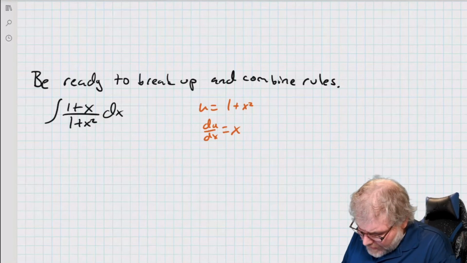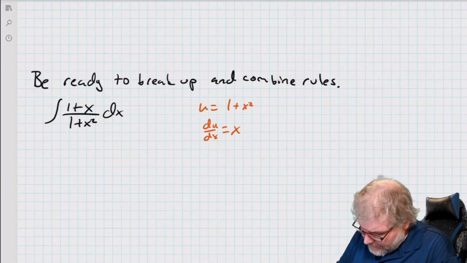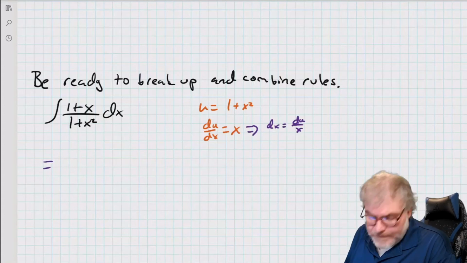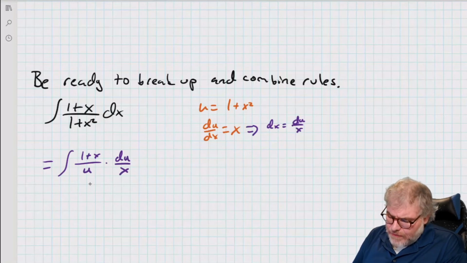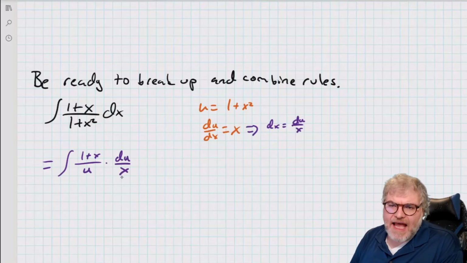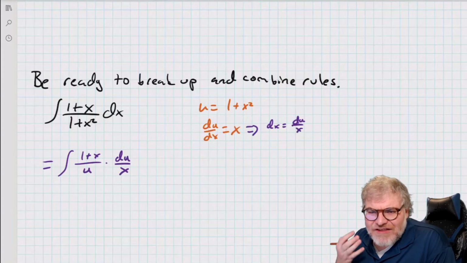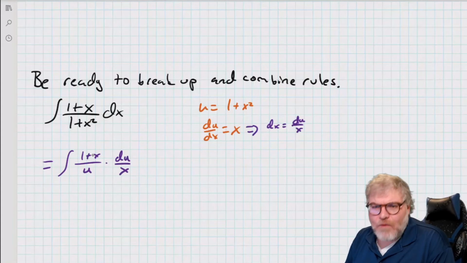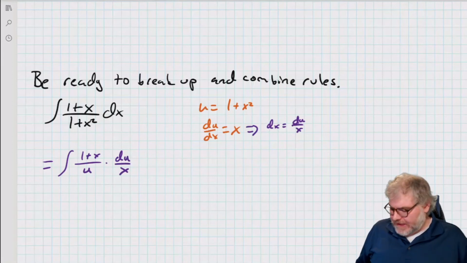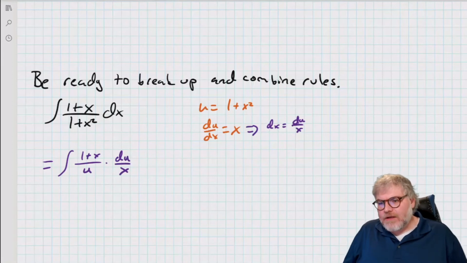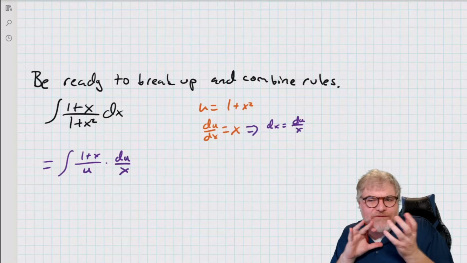So when I do this, I'm going to wind up with a problem. Let me show you what I mean. I wind up with 1 plus x over u times du over dx. And I can't do anything with that. The things that I want to cancel don't cancel. So I need to fiddle with it.